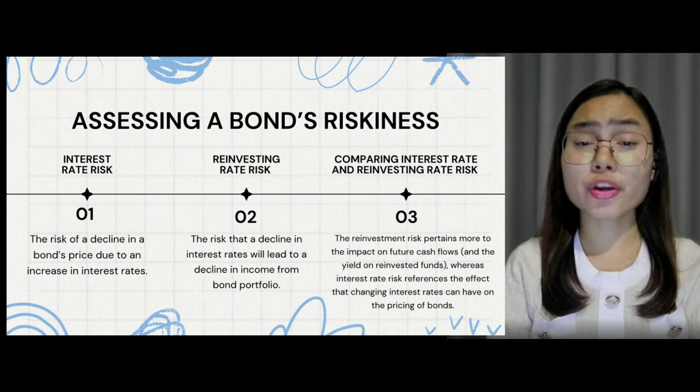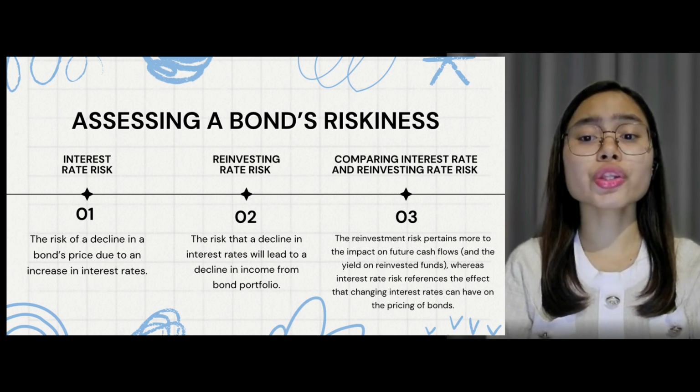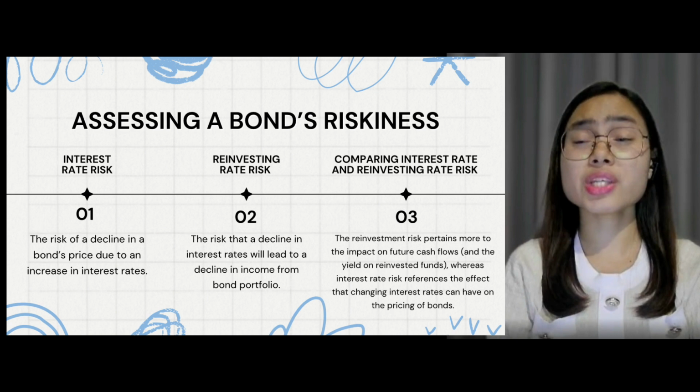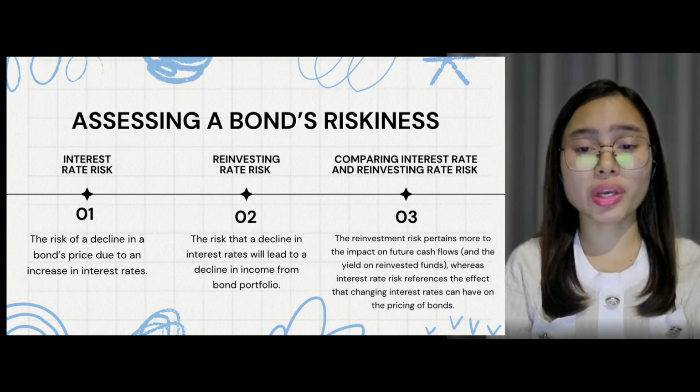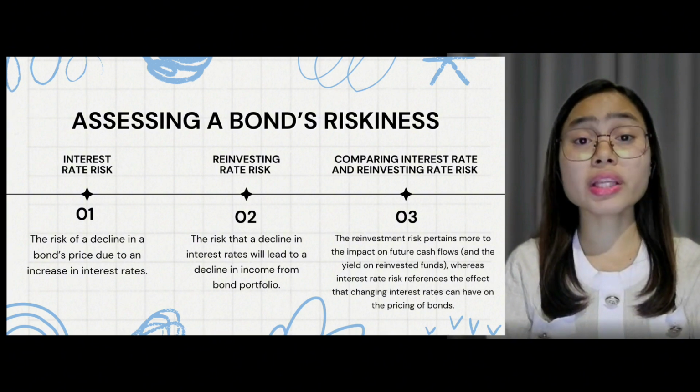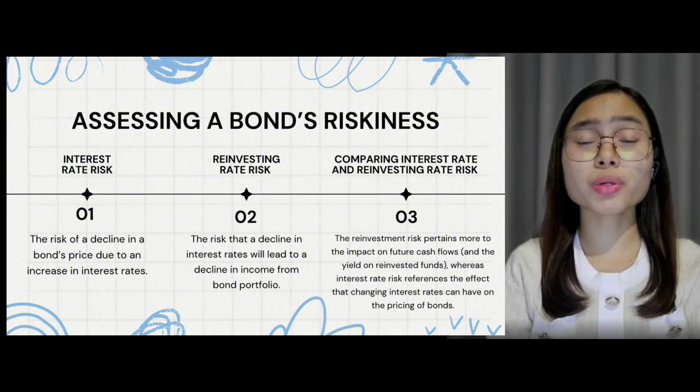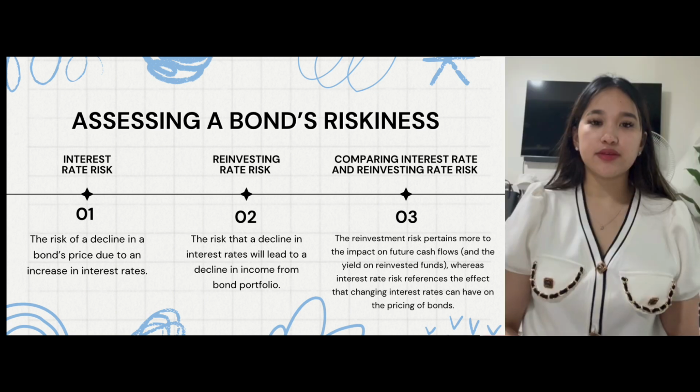Thus, retirees whose primary holdings are short-term bonds or other debt securities will be hurt badly by a decline in rates, but holders of non-callable long-term bonds will continue to enjoy the old high rates.